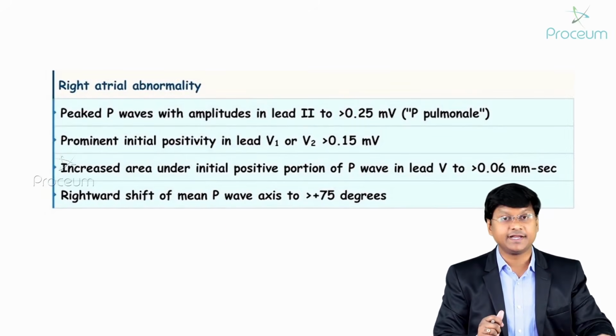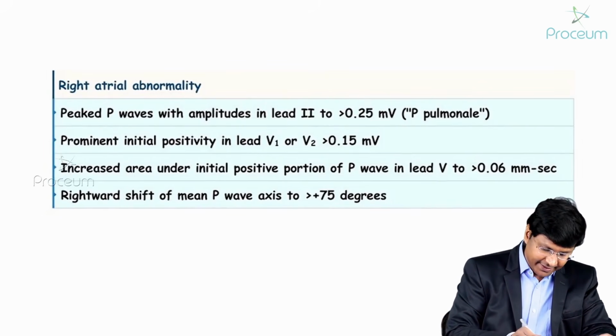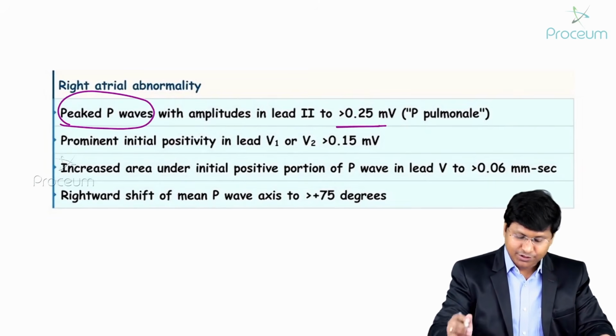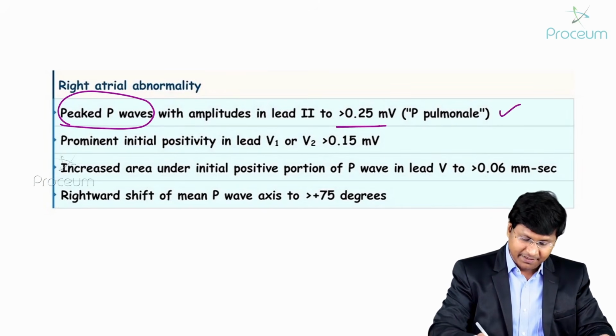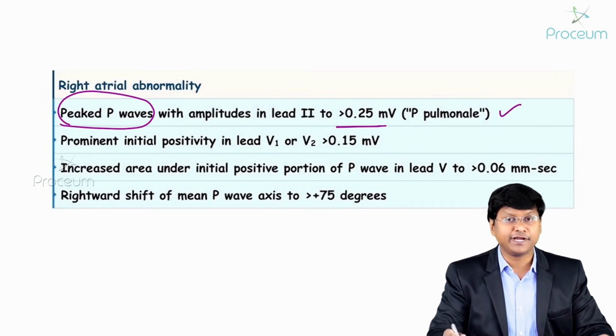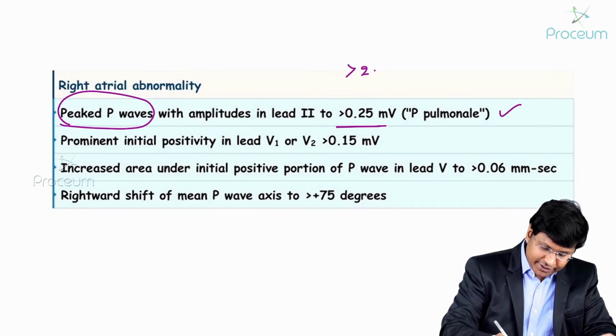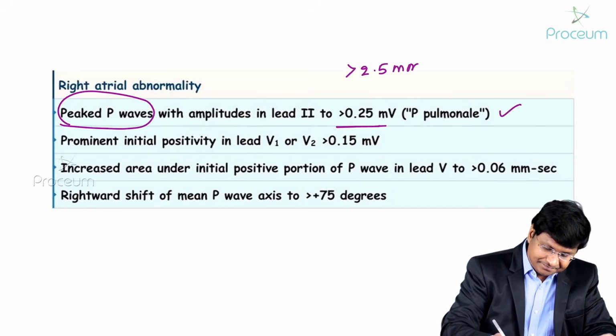So in right atrial abnormality, you will have a peaked P wave amplitude of more than 0.25 millivolts. That is called P pulmonale, equivalent to more than 2.5 mm.